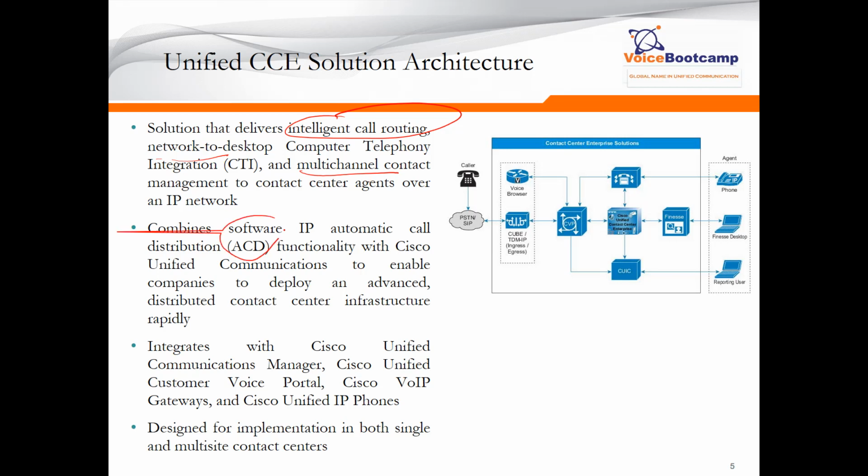It is a software-based ACD that allows you to provide automatic call distribution and route the calls to the next available agent. It is interconnected with Call Manager, CVP, Call Manager for PBX, CVP for IP IVR and queuing, and of course the Cisco Voice Gateway for ingress and egress calls. And of course, Cisco IP phones will be used for the agents.